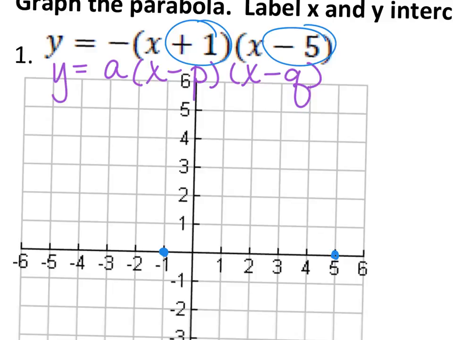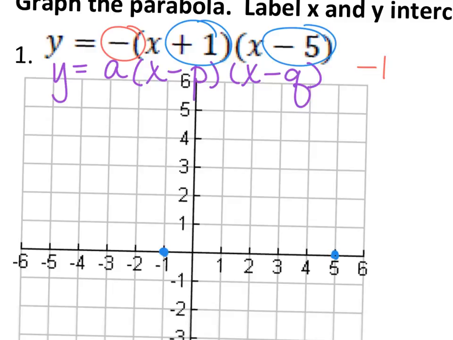Now, my slope, is it happy-go-lucky or negative Nelly? Well, it's a negative Nelly, so I know it's pointing down, and I know my a value is negative 1. All right, so from here, I have to find the middle, and one of that step is to be able to solve for x.